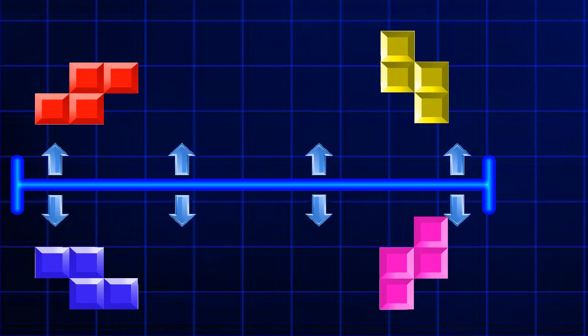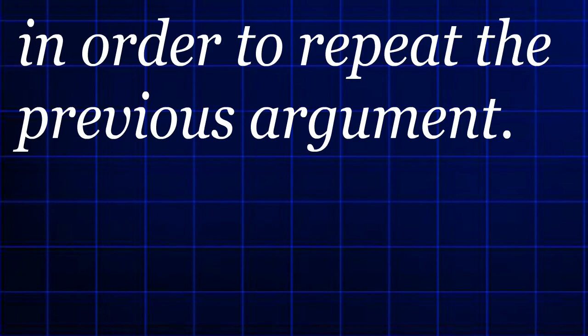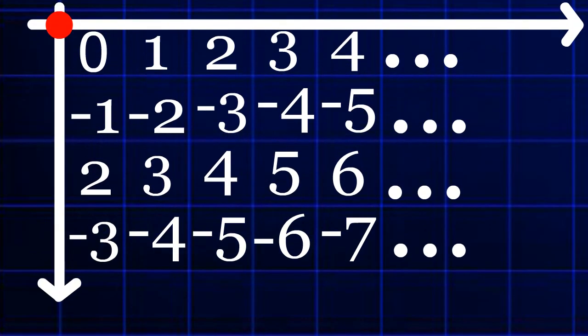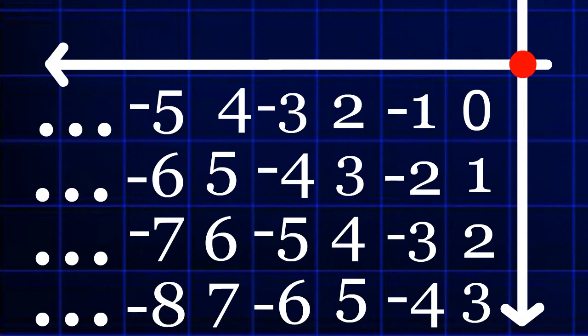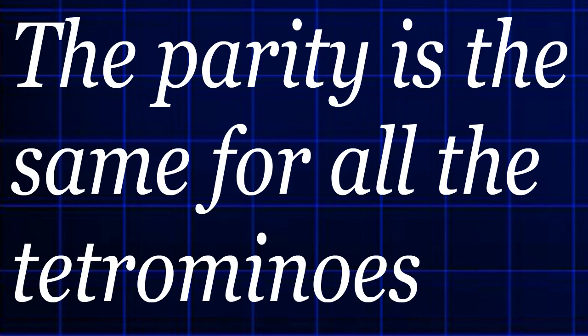Thus, in order to use a coordinate system and a numbering for the other 3 tetrominoes in order to repeat the argument which was used for the red tetromino, we just need to reflect, or rotate, or reflect and rotate, the original coordinate system and numbering correspondingly. Thus, we can prove that the parity is the same for all of our tetrominoes. Hence, we proved our main assertion, and thus our proof is finally complete.